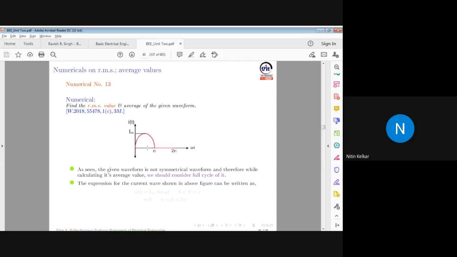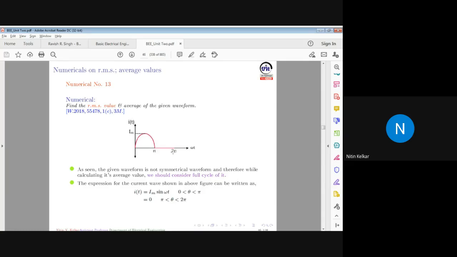As you can see, the current has one pattern from 0 to pi and another value from pi to 2 pi. So that means the given waveform is divided into two different segments. From 0 to pi, the equation of the current can be written as Im sine of omega t, and from pi to 2 pi, as its value is reduced to 0, it will be equal to 0.